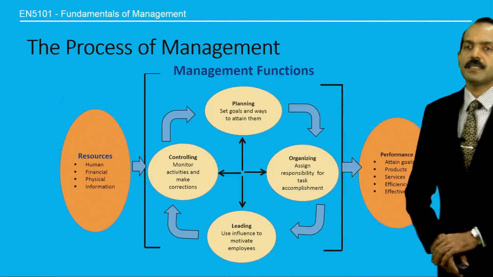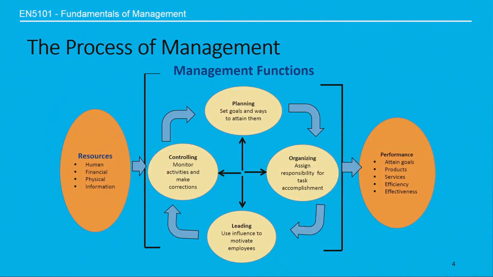We come to the second learning outcome: to describe the process of management. According to this diagram, it has many variables. Mainly we can identify three parts. The first one is the input part, the second is the process part, and the third is the performance, right?